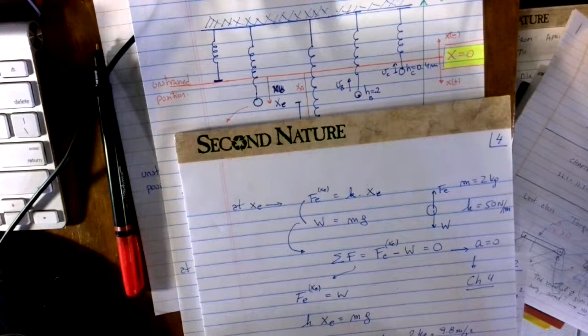Let's do the units: newton, meter, second squared, divided by another meter. Meter cancels, this cancels, this cancels. The meter goes up.